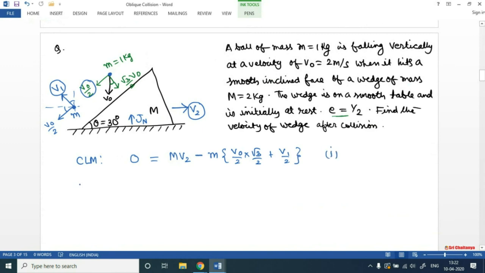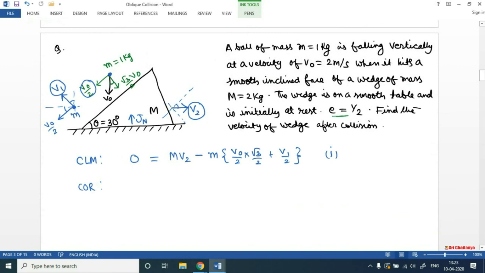The coefficient of restitution equation we can write along the line of impact. In order to find the velocity of separation, we need to resolve v2 also into mutually perpendicular directions. This is along the incline, and this is the line of impact.